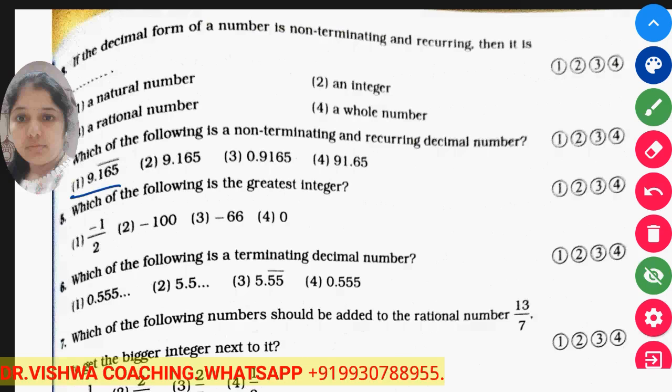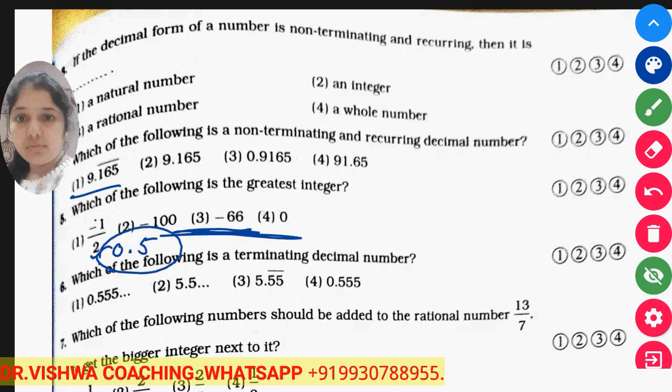Okay, now here, which of the following is the greatest integer they had asked? So which is the greatest integer here? Now see, minus 1 upon 2 is not an integer because it is a rational number.